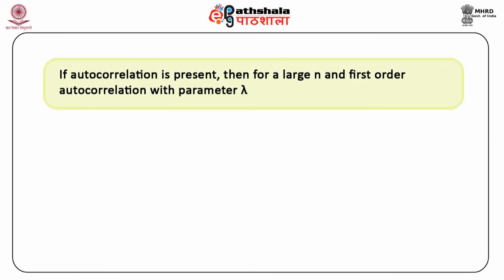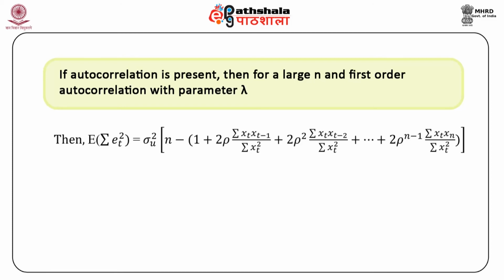But if autocorrelation is present, then for a large n and first order autocorrelation with parameter lambda, the expected value of sigma et square is equal to sigma u square into [n minus (1 plus 2 rho sigma xt into xt minus 1 upon sigma xt square plus 2 rho square sigma xt into xt minus 2 upon sigma xt square, and so on up to 2 rho raised to the power n minus 1 into x1 into xn upon sigma xt square)].